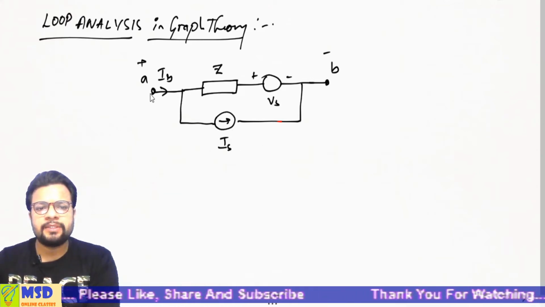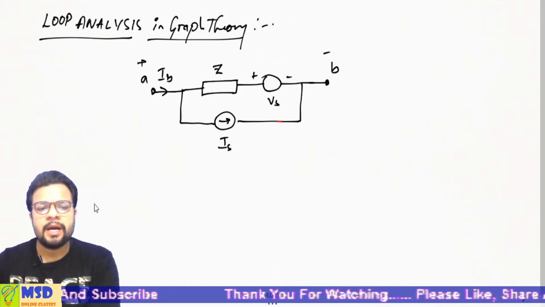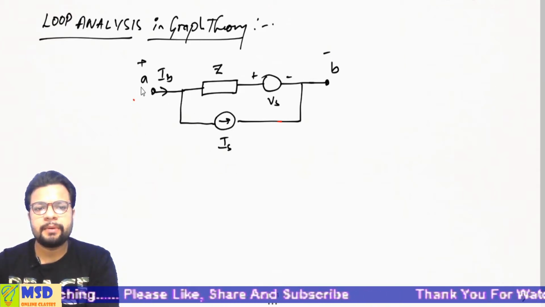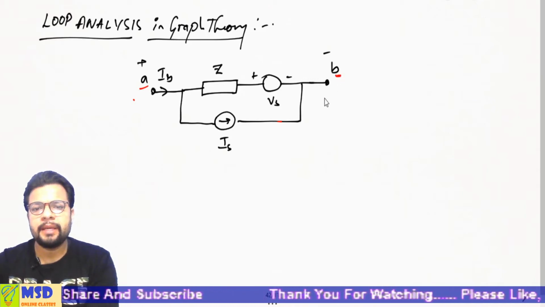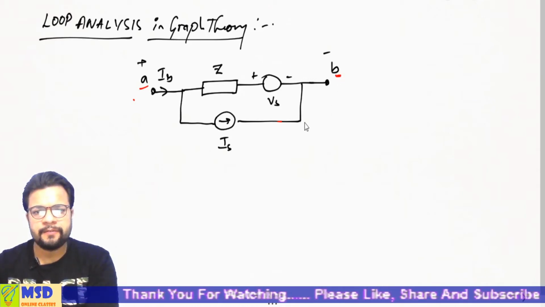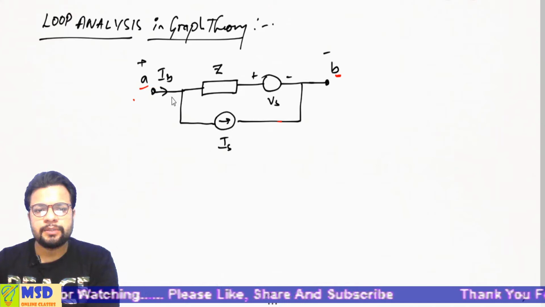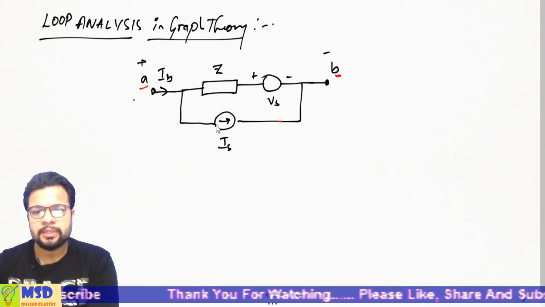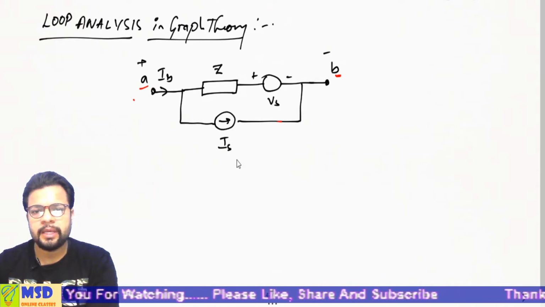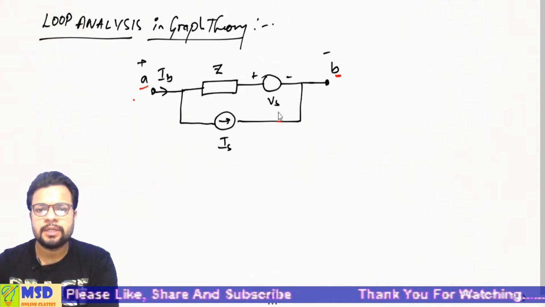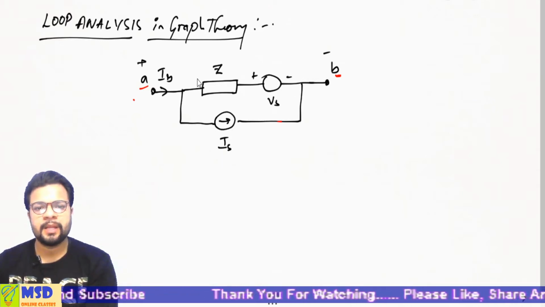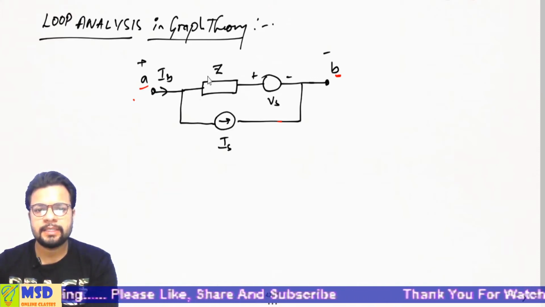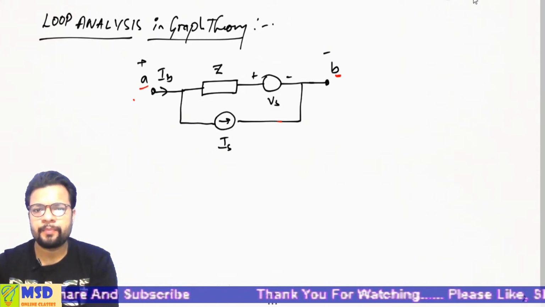Let's say we have a branch connected between node A and B in the network. I have assumed IB to be the branch current. Let the source current have a value Is and the voltage source be of magnitude Vs. Let the impedance connected in the branch be Z.